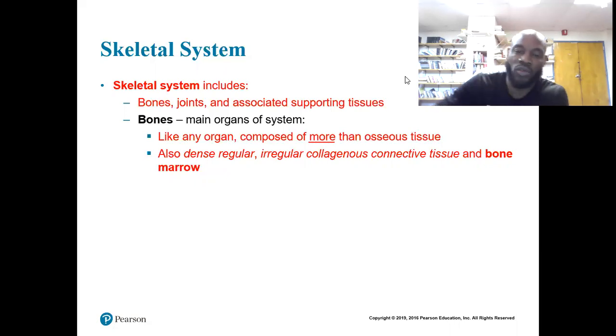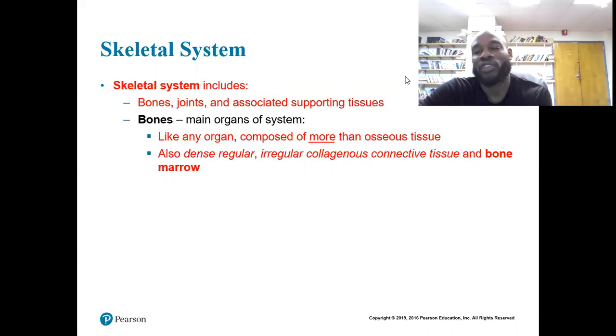And so whenever you see the term osseous, osteocyte, osteoblast, osteoclast, osteoporosis, think of related to bones, just like cardio is related to the heart, pulmonary is related to the lungs, urinary or renal is related to the kidneys and the urinary system.